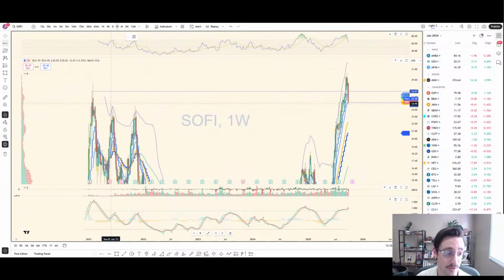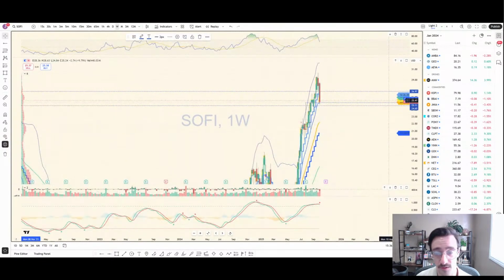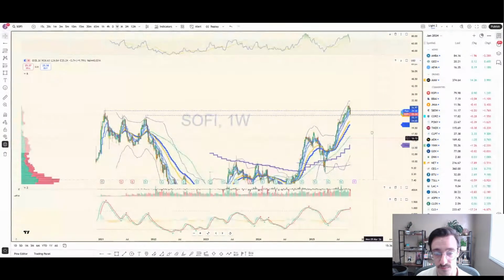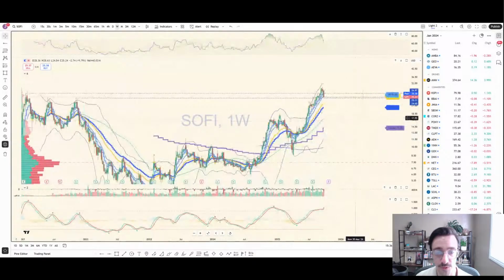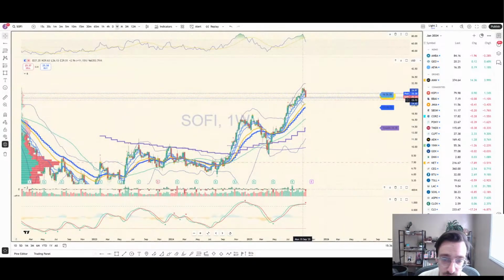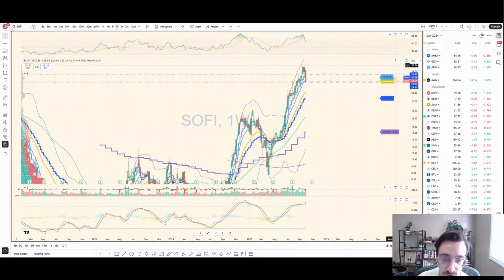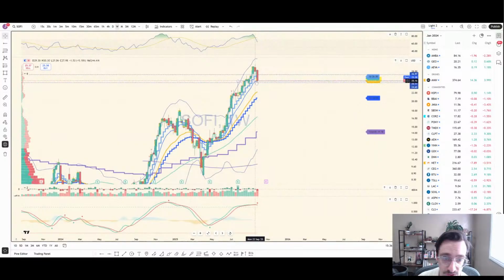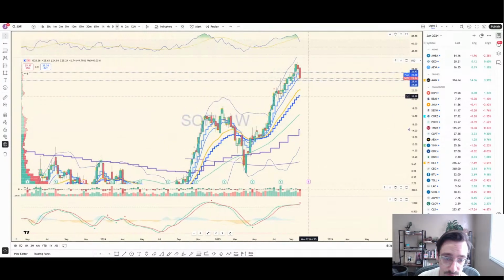Now it's kind of bopping around in this zone between these wicks. I really couldn't blame it if it's running too hot and doesn't hold this 21 week, which it is trying to. There are buyers here. So it either holds here and goes higher, or it comes back down to this pivot. That would be totally fine too.